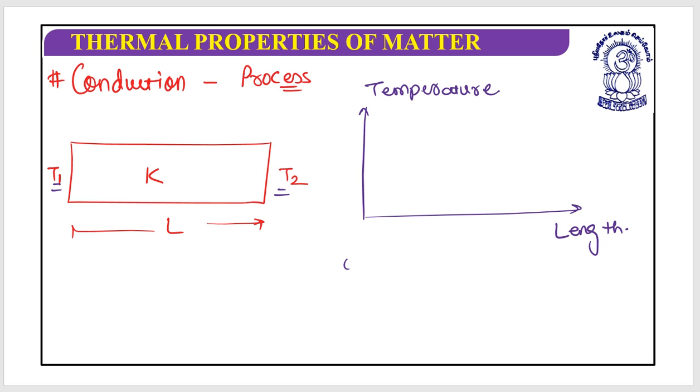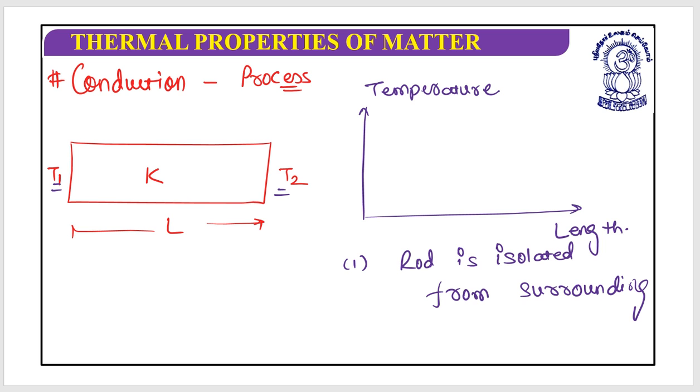Let's first understand that this rod is isolated from the surrounding. So what happens? Let's assume that if it is at 100, the next segment would be at 90, the next at 80, the next at 70, the next at 60, and the next at 50.